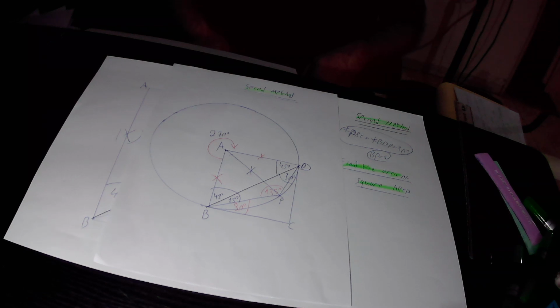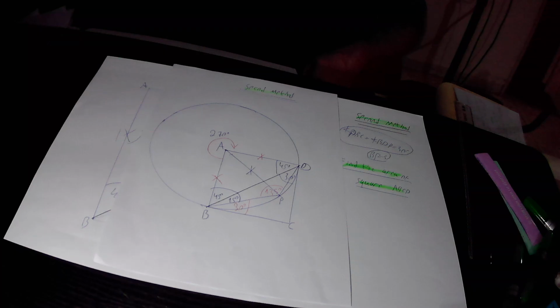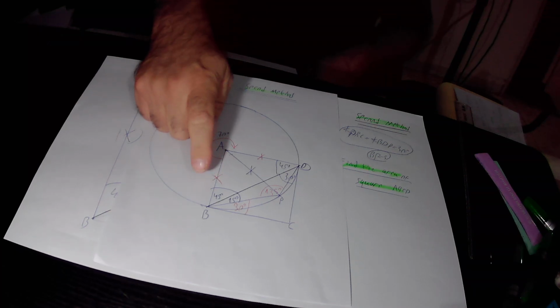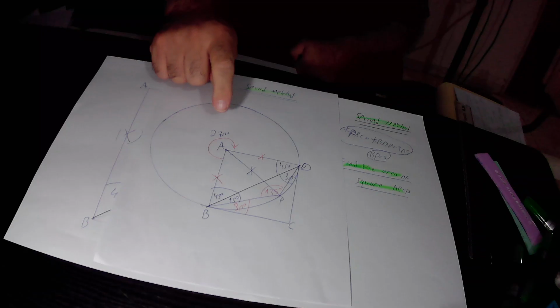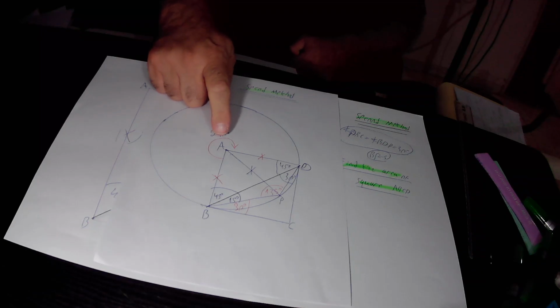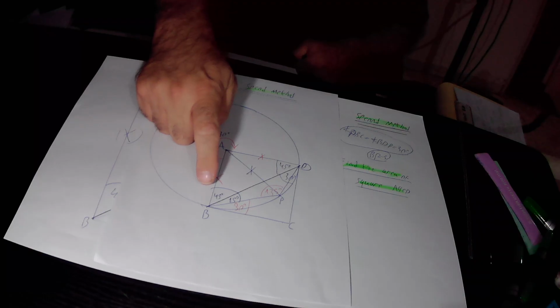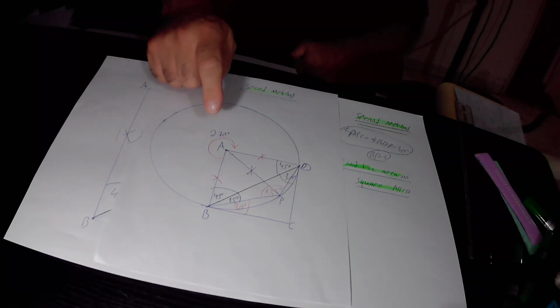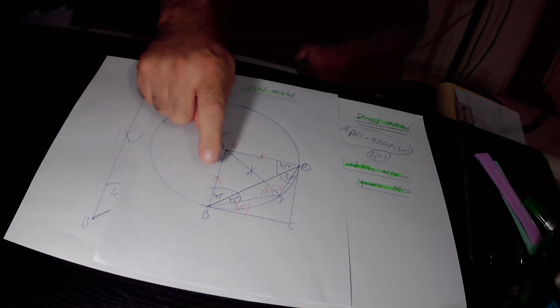The first edge must be located on the center of the circle, that is point A, while the second edge must be located on the circle itself, because this is the definition of a radius. Therefore, point B is located on the circle itself. So the circle passes through point B.